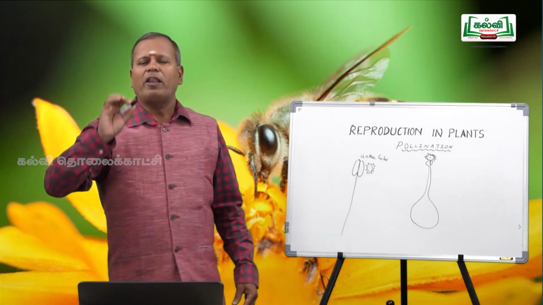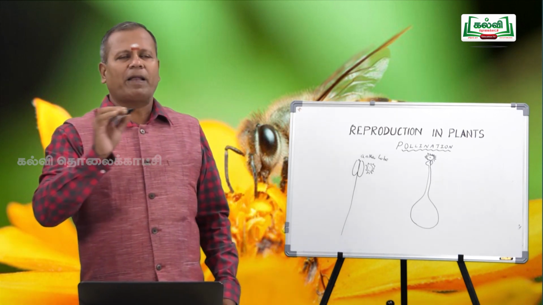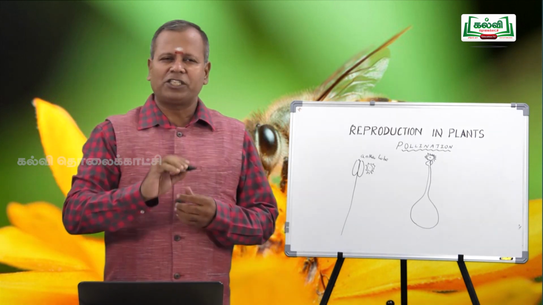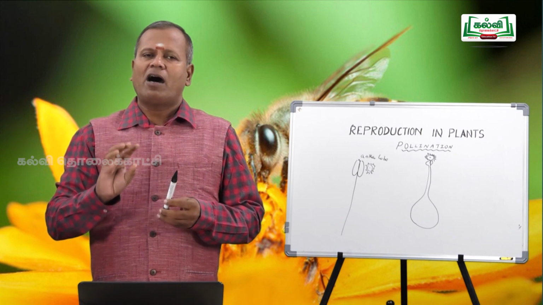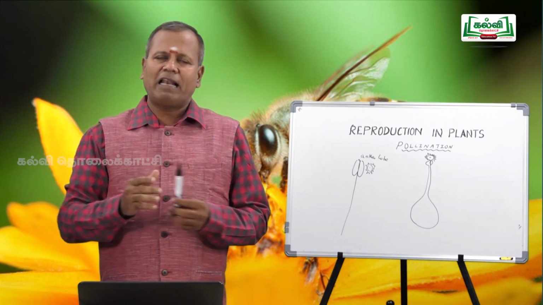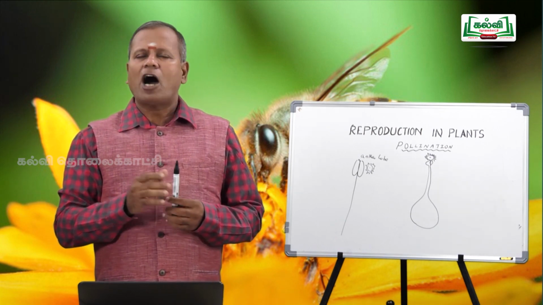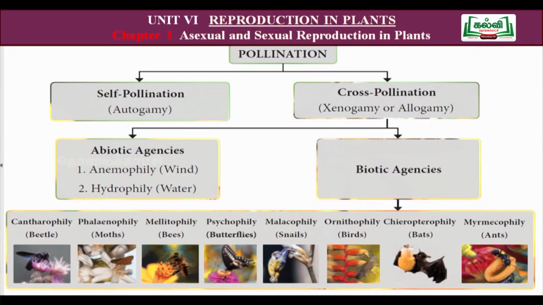Two types of pollination are reported in higher plants, especially the protected seeded plants, the angiosperms. One is self-pollination or autogamy. Another is cross-pollination, xenogamy or allogamy.